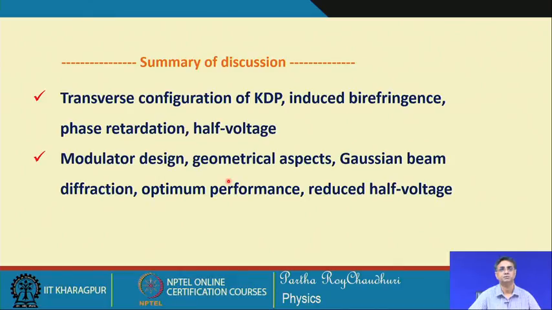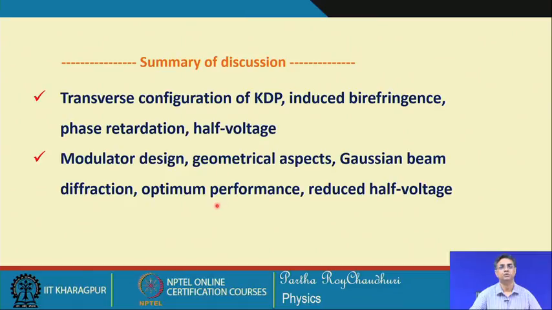In the case of transverse configuration, when you evaluate this induced birefringence and then phase retardation, you end up with a half voltage which is reasonably large, but once you incorporate these geometrical aspects of the modulator in terms of the length and width, such that most part of the light beam which is travelling through the crystal is utilized by the modulator, by the electric field.